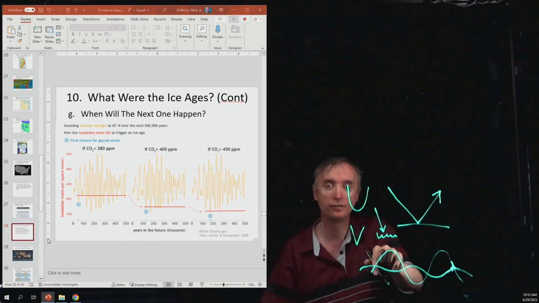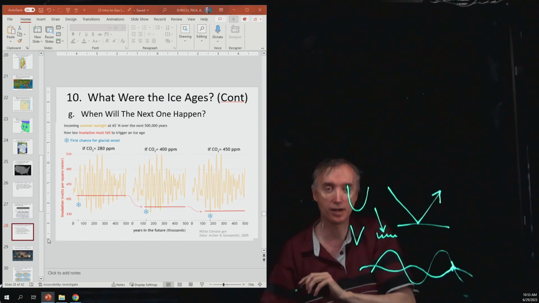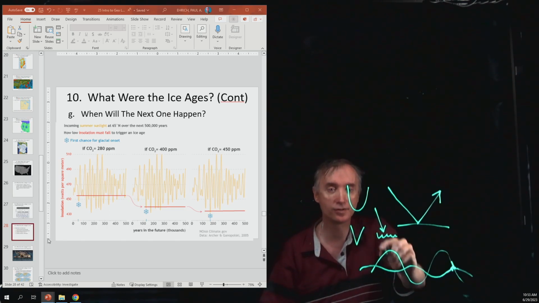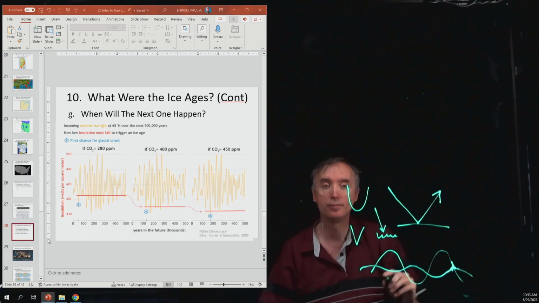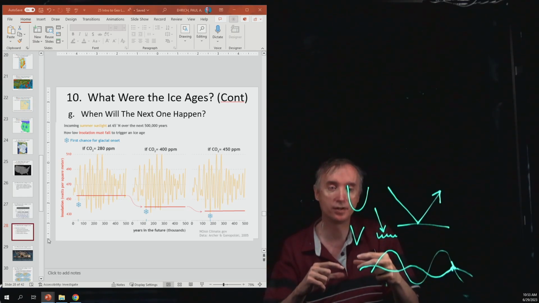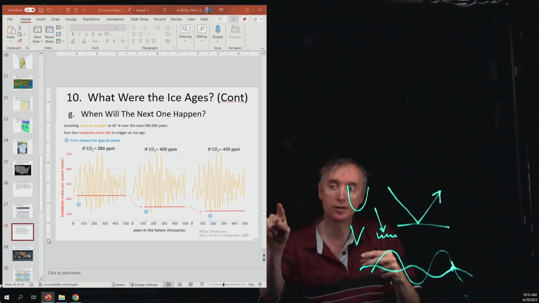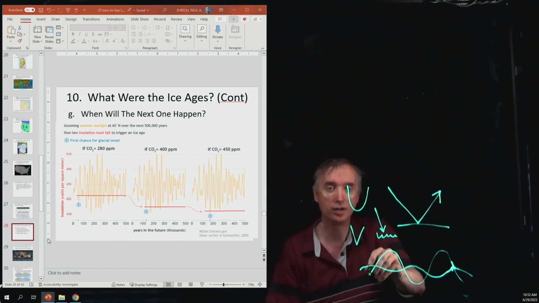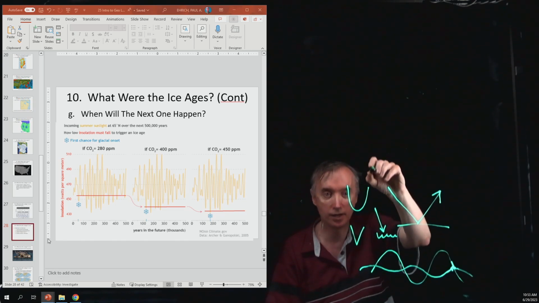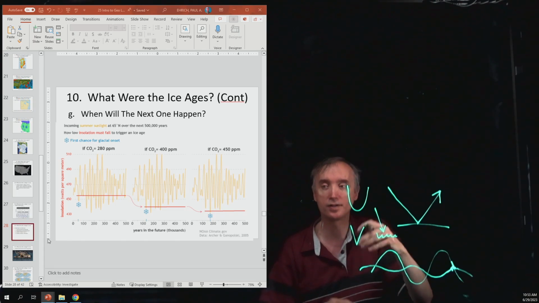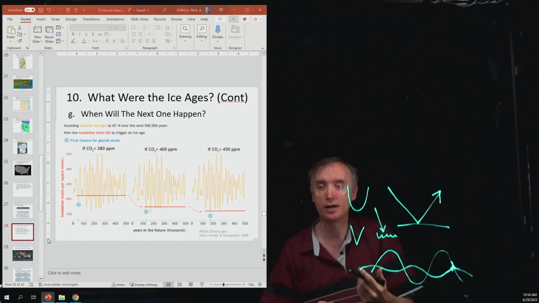So each of these different causes for the Ice Age has a different cycle. But when you put all of those cycles together, you could end up with a picture that looks like this, where you get an extra tall wave and an extra low wave. So where it's extra low, that's when the Ice Age is going to occur.